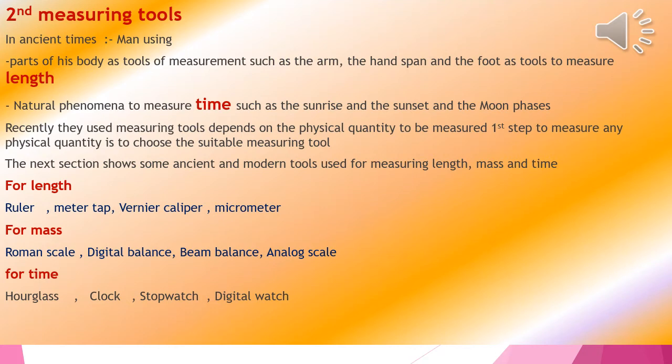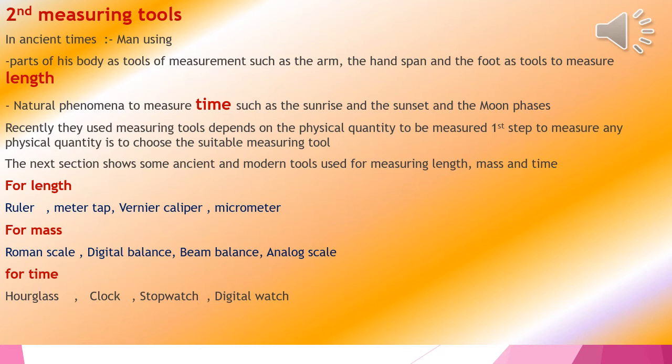So nowadays he uses suitable measuring tools for measuring length, time and mass. For example, the measuring tools for length, as we know, we can use a ruler, meter tape, micrometer. We'll study the micrometer in senior 3 inshallah, and something called a vernier caliper. We will use it in the faculty of engineering. Okay.